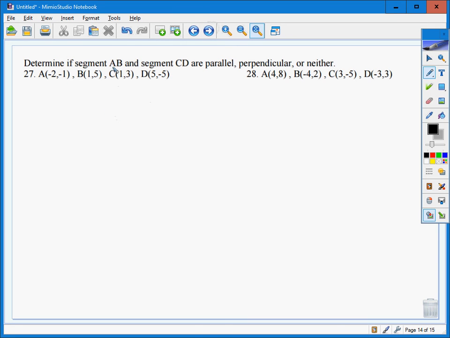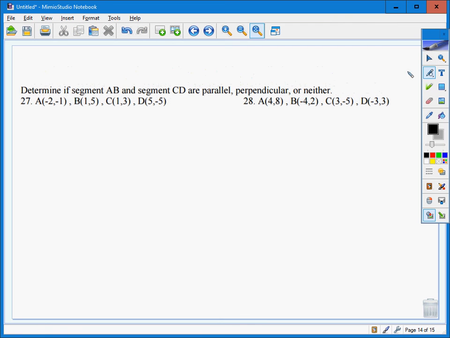Find the slope of AB and CD to determine if they're parallel, perpendicular, or neither. These are both slope formula type questions. If you don't know the formula, you definitely need to have it memorized. m equals y2 minus y1 over x2 minus x1.